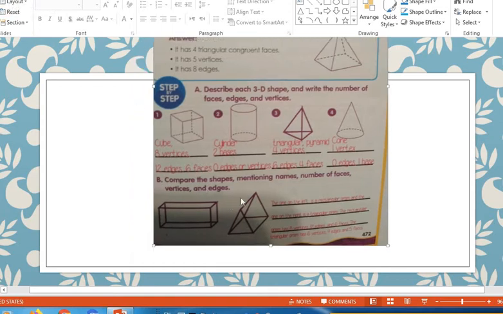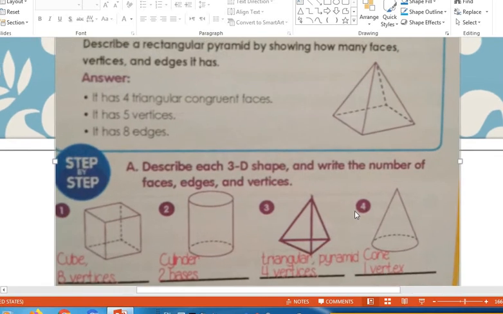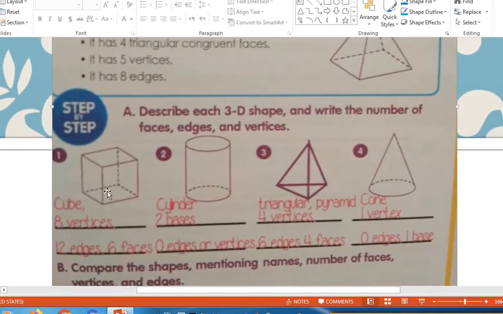Compare the shapes, mentioning names, number of faces, vertices, and edges. I compare here between this and this. I will enlarge this for you, and you can count the edges. 1, 2, 3, 4.